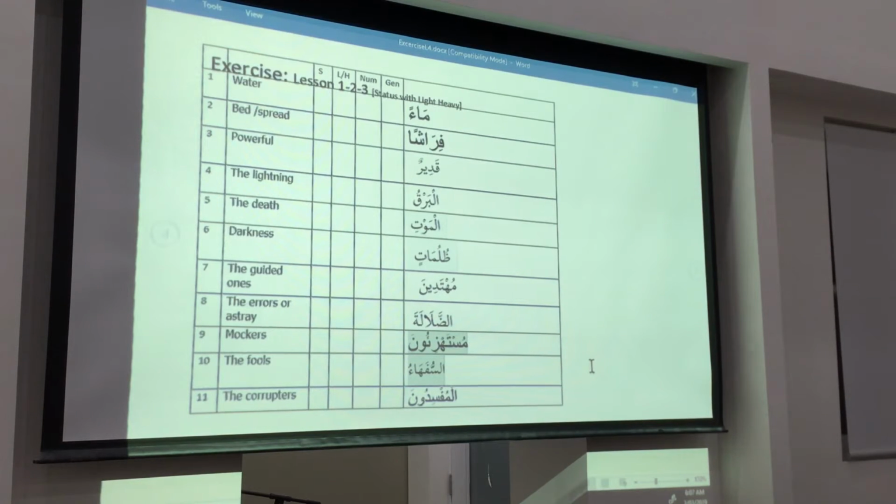You don't have to write the Arabic, just write the number, or you can write the English word. So remember that. I will send you this in email soon.